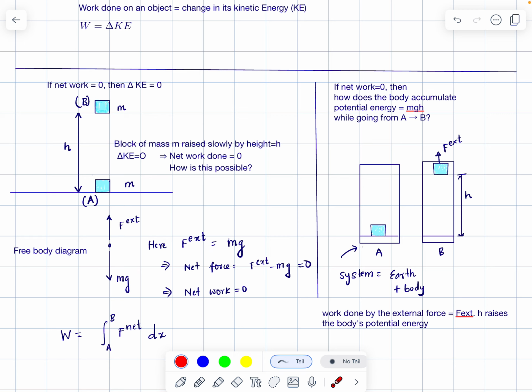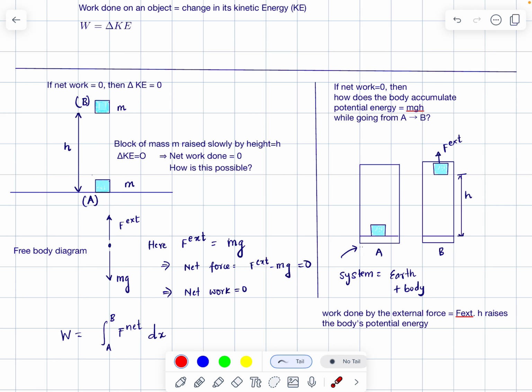So in principle, one could take this object and give it a slight nudge, and this object will travel very, very slowly upwards. In that case, the initial kinetic energy at point A would be equal to the kinetic energy at point B, and the difference would be zero. So the net force acting on the object is F_ext, the external force, minus mg, and that is zero.